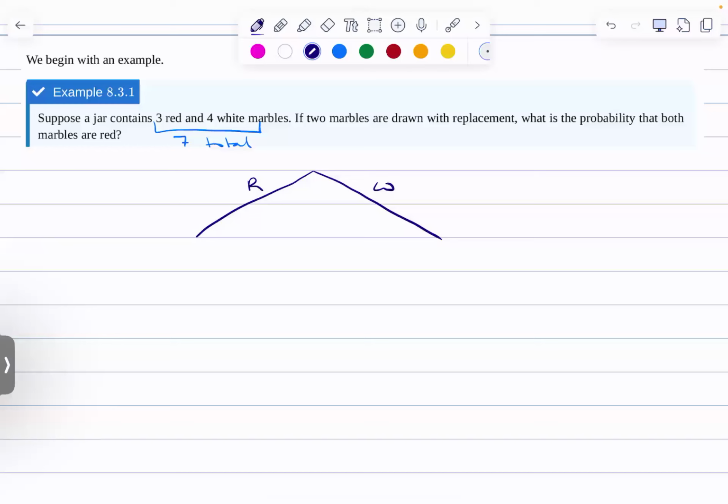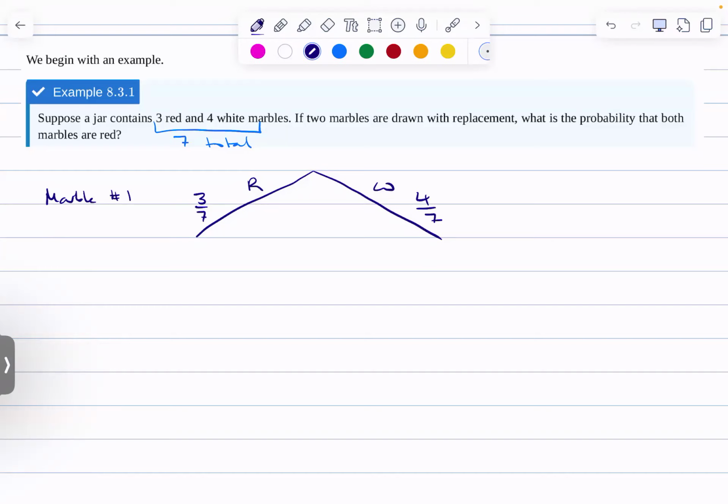So, my first marble, number 1. We just said the probability of drawing a red is 3 in 7, and the probability of drawing a white is 4 in 7. Knowing the total number of marbles and what the distribution is really helps.